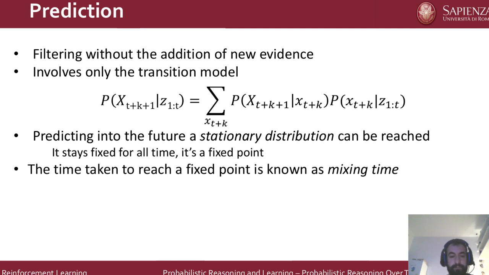As you can see here, the probability of states in the future, for now, let's say that this is tomorrow, considering the observations until today, will be just the sum over all the possible values that the state can assume for all the possible days that we are considering in the future.